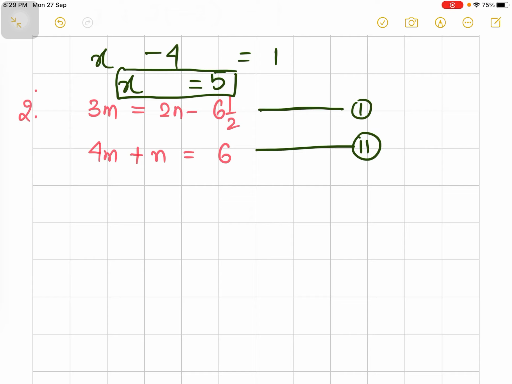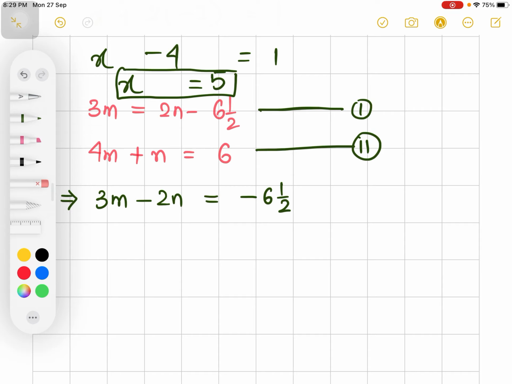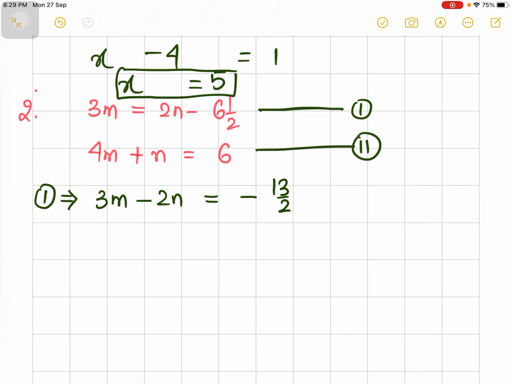I'm rewriting the first one. 3m minus 2n is equal to negative 6.5. Instead of writing negative 6.5, you can write negative 13 by 2 also. 6 2s are 12 and 1, 13 by 2. And the other one is 4m plus n equal to 6.